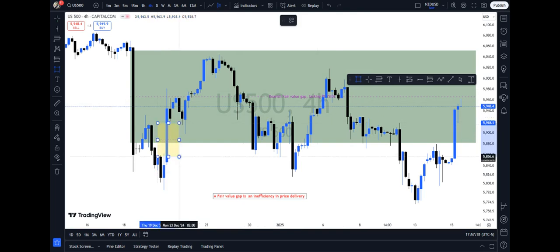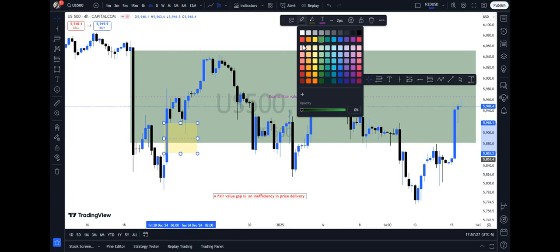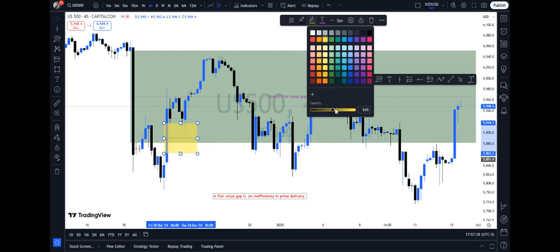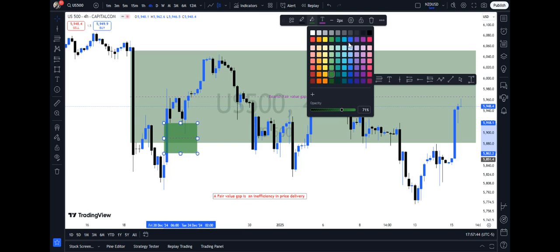There's an inefficiency there in price delivery. Let me change the color and add a color effect to make it more opaque. Okay, I believe we can now see this other color.